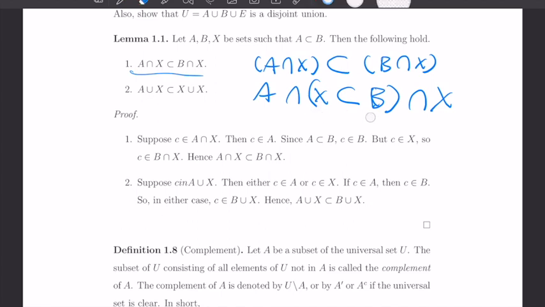Because this is not a subset. This is a logical expression: X is a subset of B. It's just a logical value, true or false. But this is a subset. You cannot take the intersection between a subset and a logical expression. So this is nonsense.